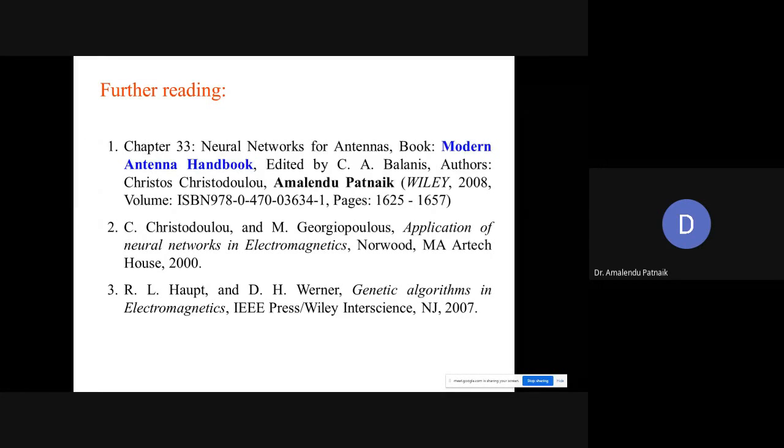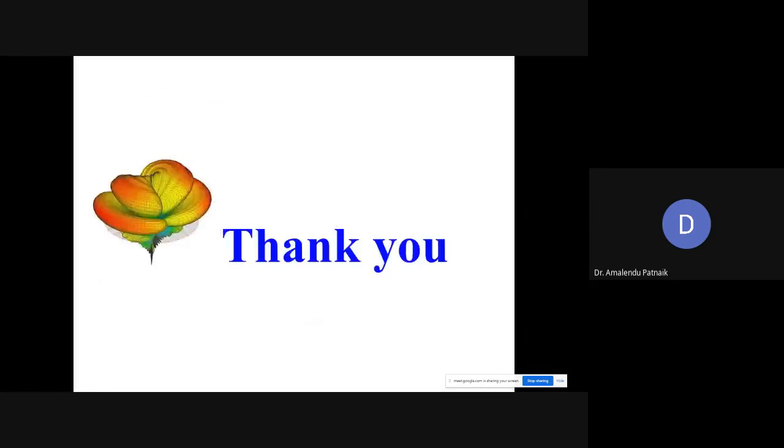So the way of applying these optimizers specifically for antenna designing or electromagnetics based problems, you can get that idea from this book by Haupt and Werner.